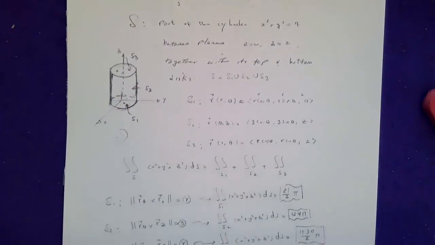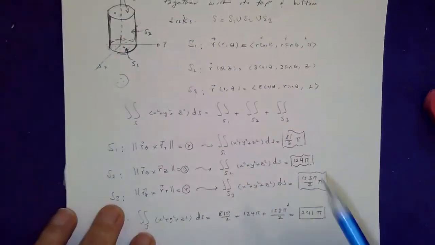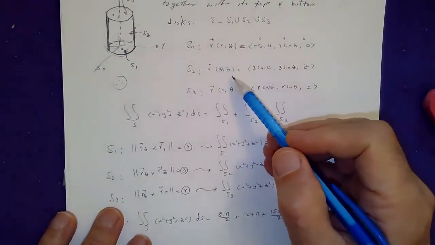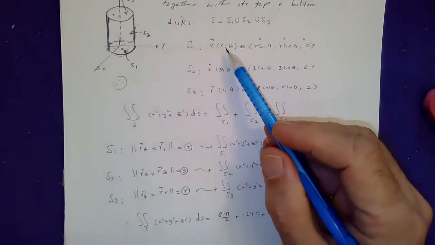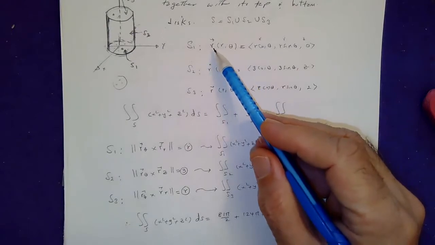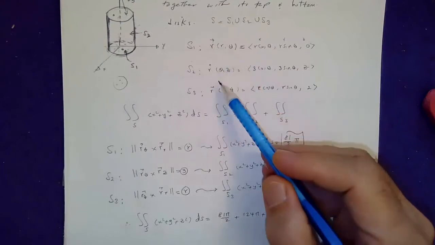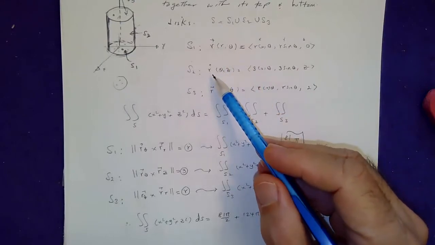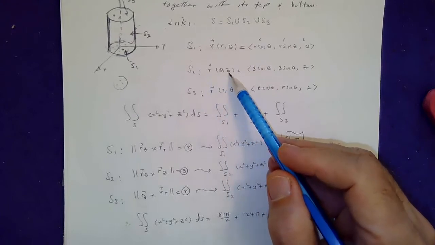So now, for each of these, I have to find the magnitude of the cross product of the corresponding partial derivatives. Here, the cross product of the partial derivative of r with respect to r and with respect to theta. Here, the partial derivative of r with respect to theta cross r with respect to z.